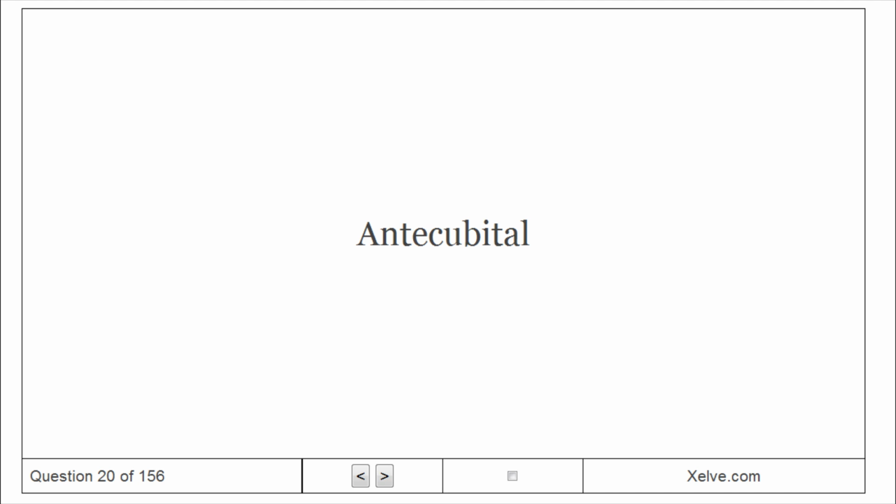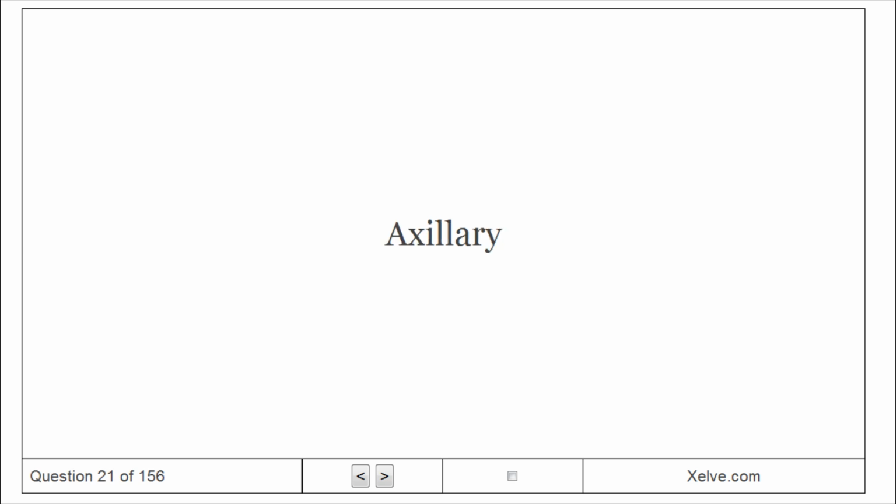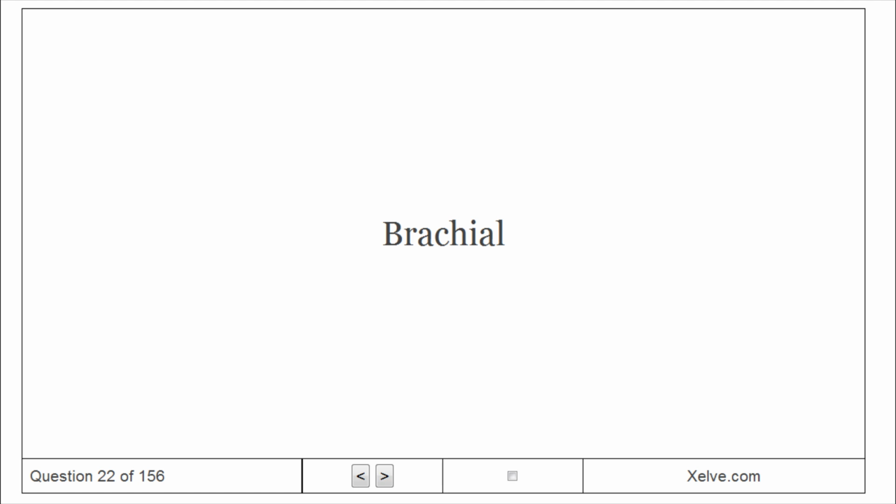Antecubital: pertaining to the anterior surface of the elbow. Axillary: pertaining to the armpit. Brachial: pertaining to the arm.